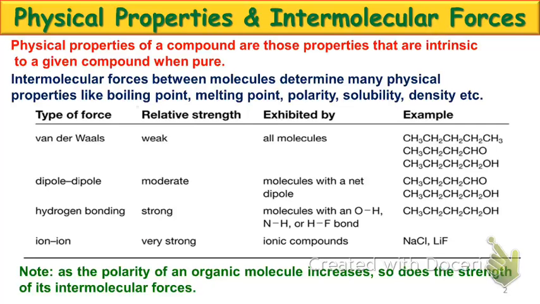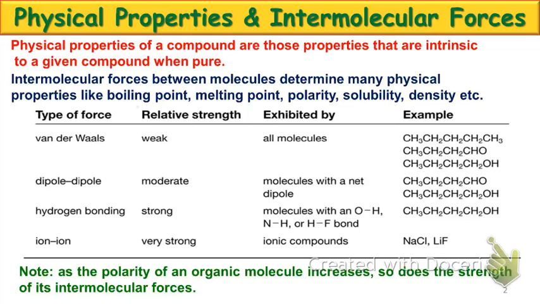So if we take a look at, again, physical properties and intermolecular forces. I finally convinced everybody that we needed a slide on this, so they decided to put one in. It's a little bit different than what I've shown you before, so maybe it'll be more helpful. You get the different types of forces, the same ones that I talked about before: your van der Waals, which is London dispersion, your dipole-dipole, hydrogen bonding, and your ion or electrostatic forces.